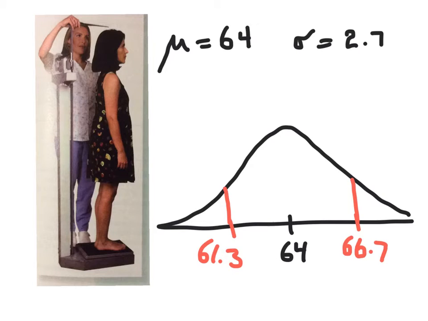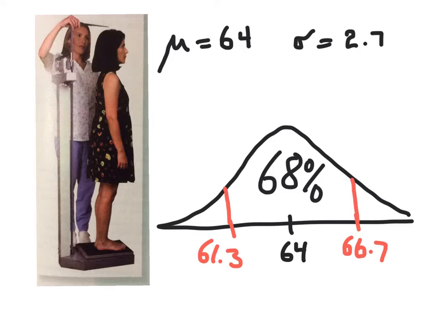Do you remember what's in between one standard deviation on either side of the mean? Well, there's 68%. Approximately 68% of our data is between those two numbers.